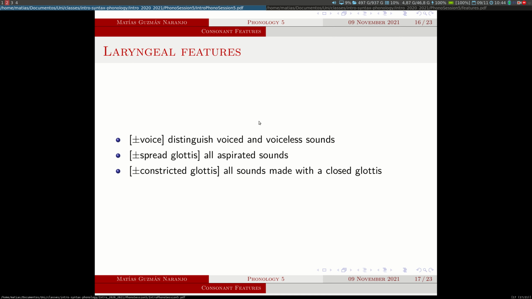I have some laryngeal features, which is about the larynx. So you have voice, whether there's voicing or not. You have a feature for spread glottis, which is about aspirated sounds. You have a feature for constricted glottis, which is sounds made with a closed glottis. We'll see that in a second.